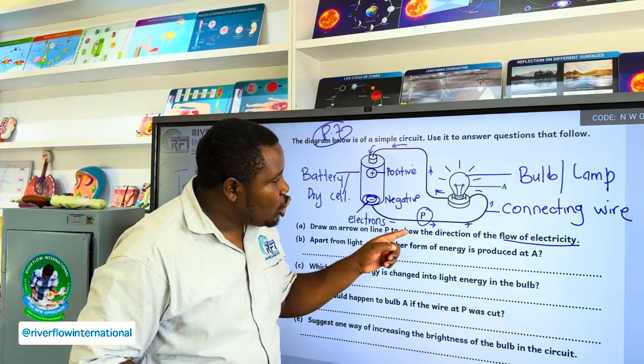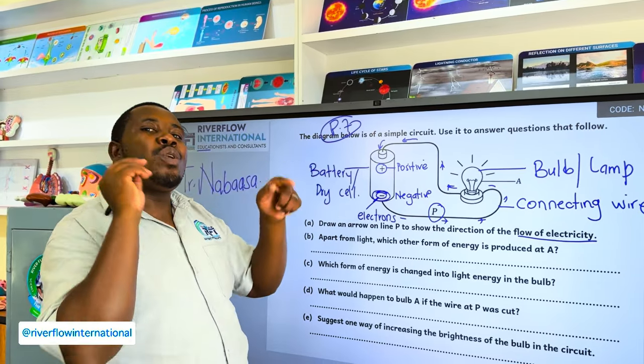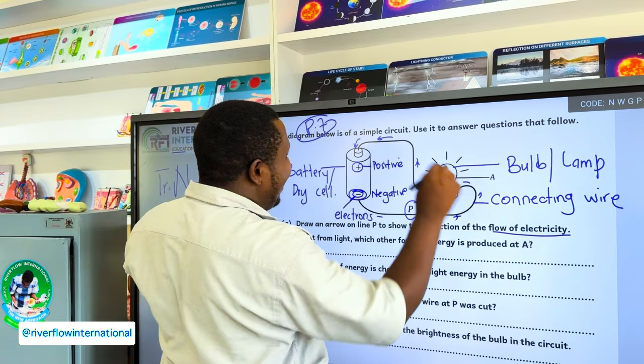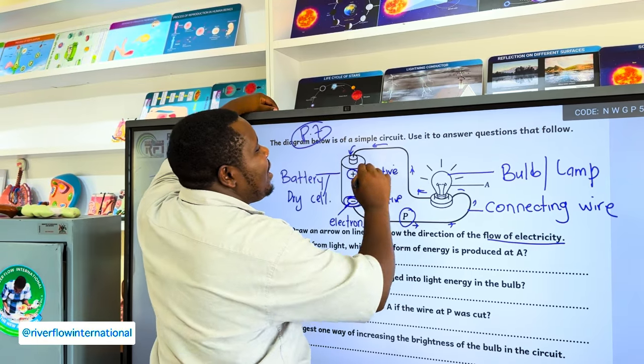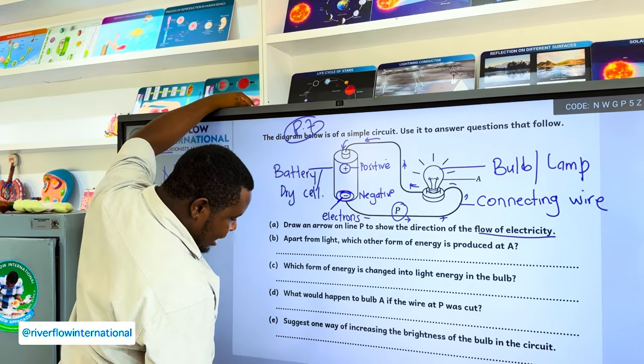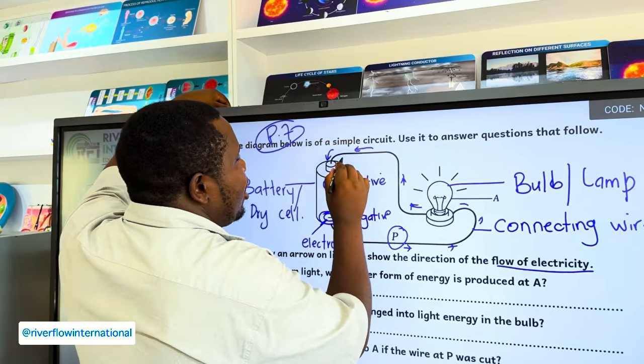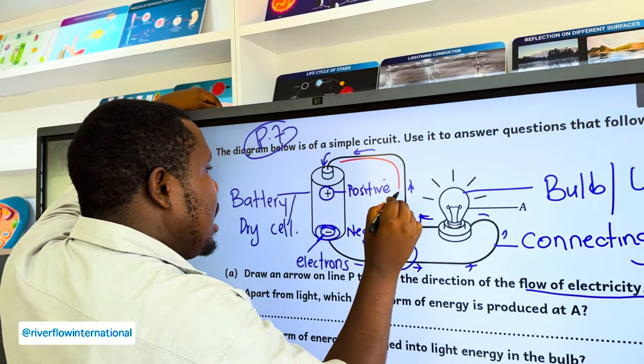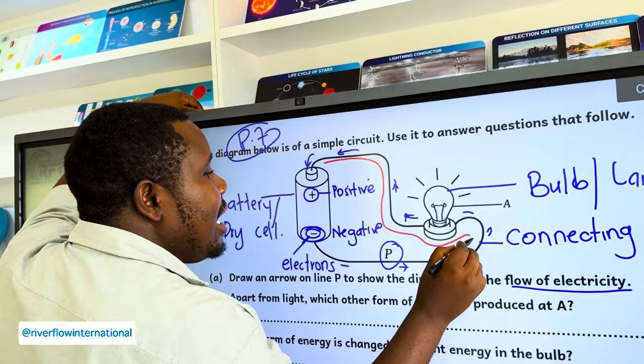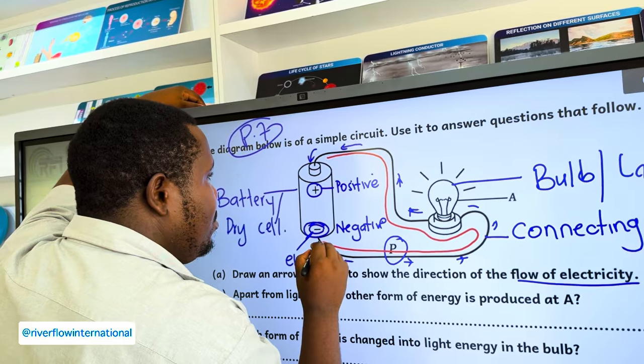Now that is the direction of electrons, which means that the electricity will be moving in the opposite direction, and therefore the direction of electricity will be like this. Let me draw this, and then I show how it will be moving.